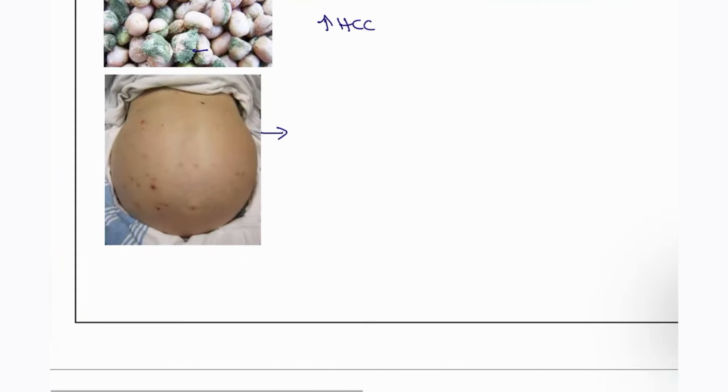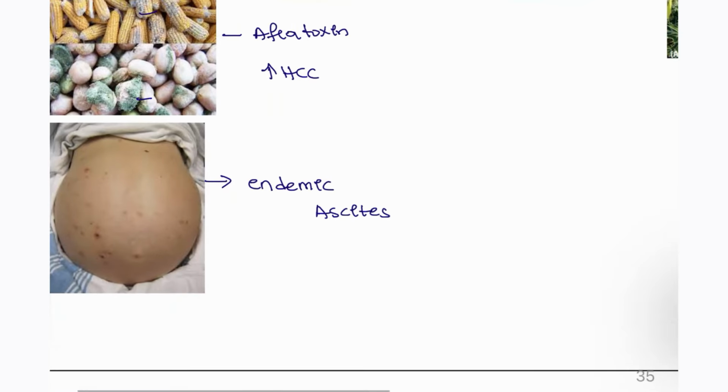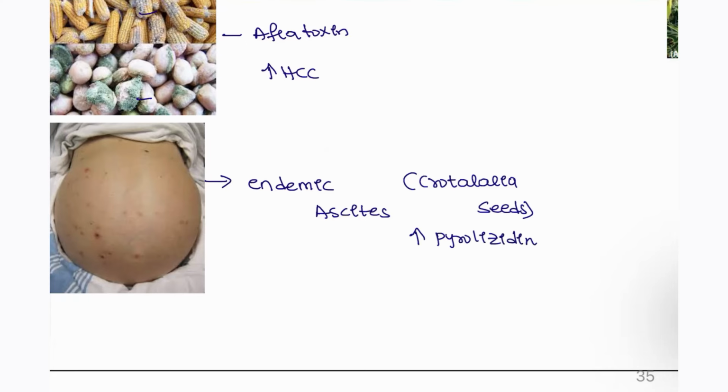Next, this condition is endemic ascites, which will be associated with Argemone seeds. These seeds consist of pyrrolizidine. This toxin is going to cause endemic ascites, and liver toxicity will be seen in this patient.